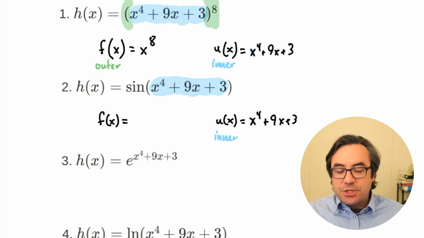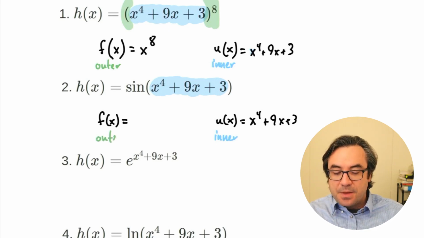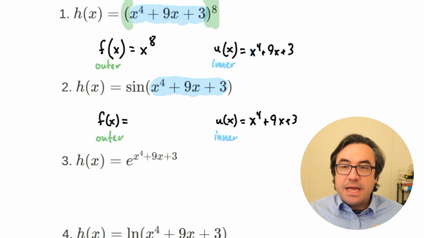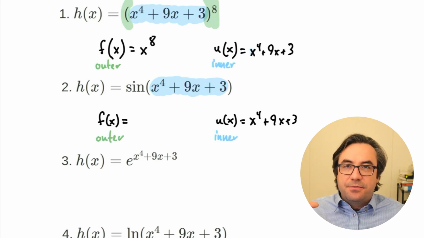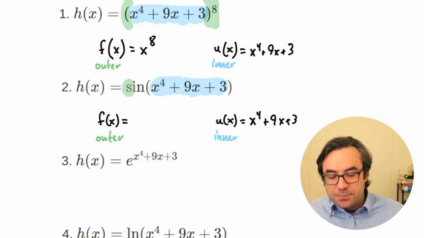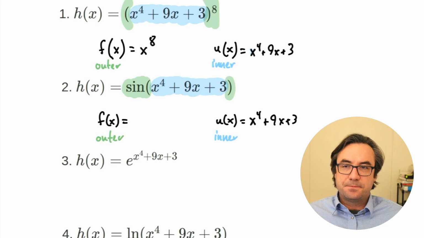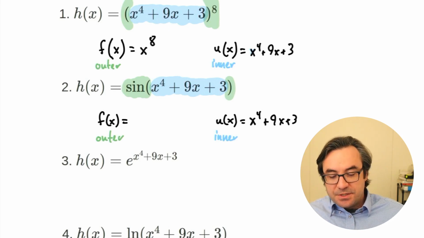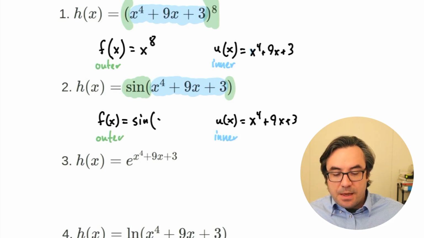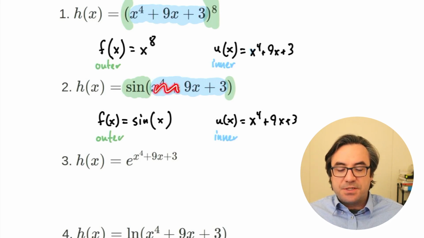So to figure out the outer function, which we'll call f of x, the outer function is literally everything outside of that inner part. So it's the sine function, and then we collapse this inner part down to a single variable.